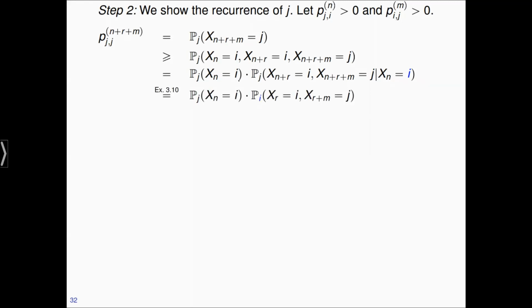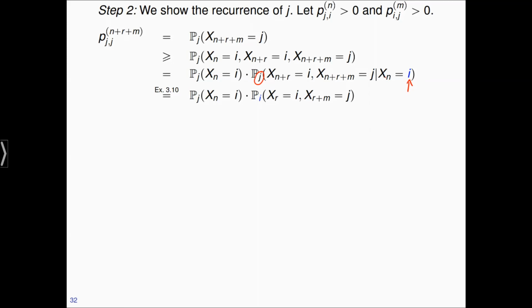There's no issue whenever this term might be 0. The next step is again exercise 3.10, here applied to the second term. Exercise 3.10 says the following: whatever is the initial distribution, here the initial distribution is that I necessarily start at j, but whatever it is, if I condition the Markov chain to be at state i at time n, then you have some conditions after that.